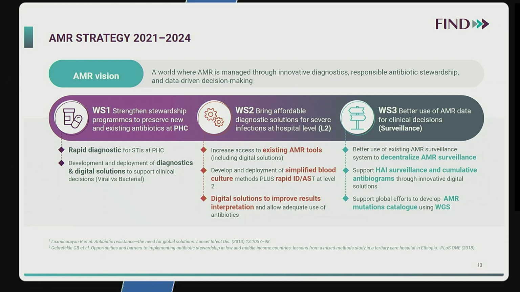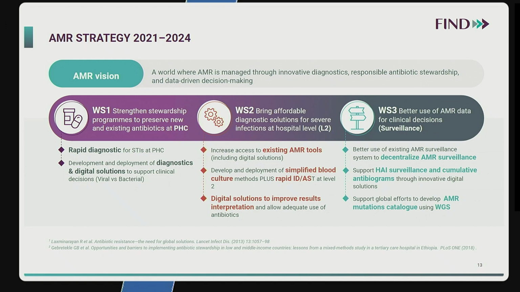In this pillar, we are working on rapid diagnostics for STIs at primary healthcare level, particularly for gonorrhea, as we know it is one of the priority pathogens for WHO. We are also working on the development and deployment of diagnostics and digital solutions to support clinical decisions. The very famously known viral versus bacterial question is really very high on our agenda.